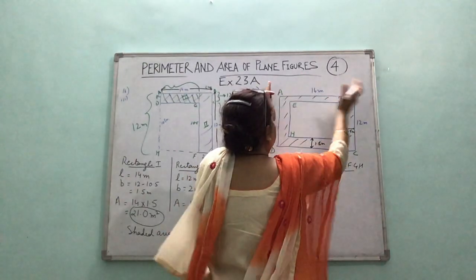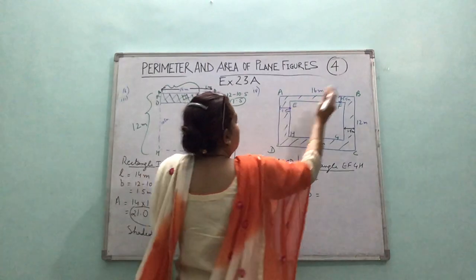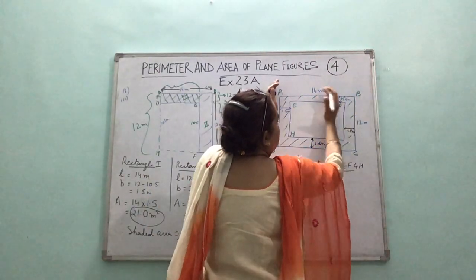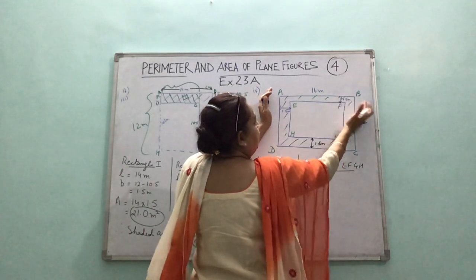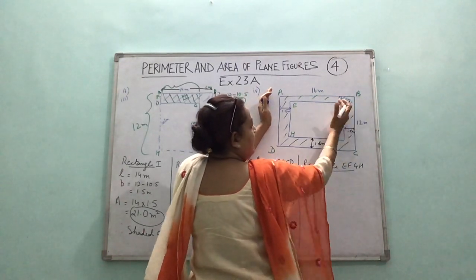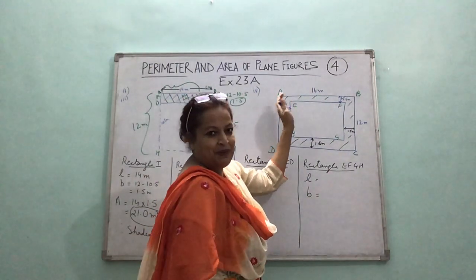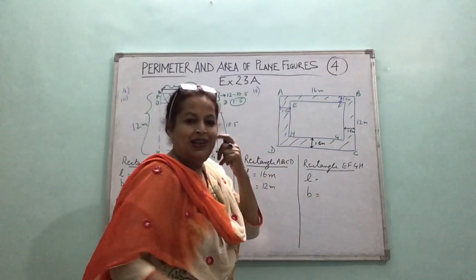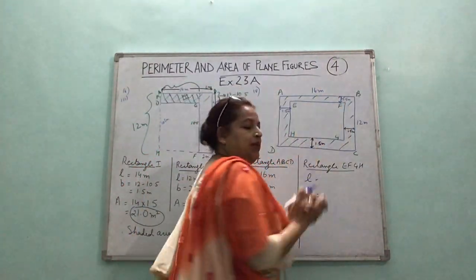Similarly, in this case also, this is 16 meter. How much less on the right hand side, children? 1.5 meter it is less, on the inner side, right? And similarly the left hand side, how much less? 1.5 meter. From both sides I have to subtract 2 times 1.5 from 16 meters.